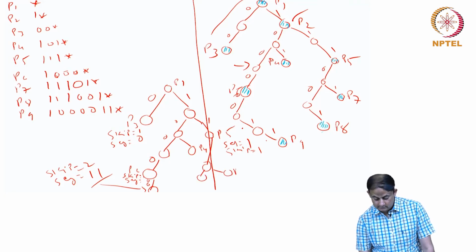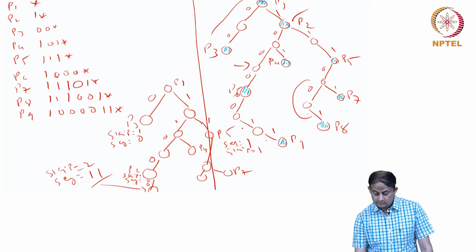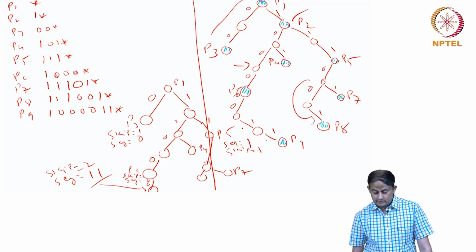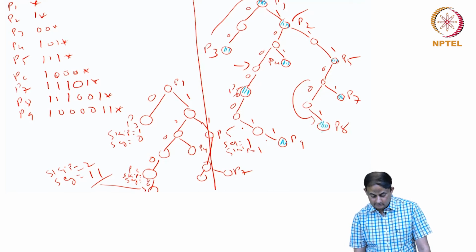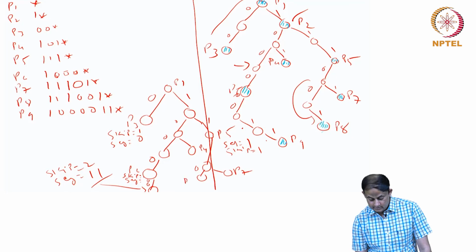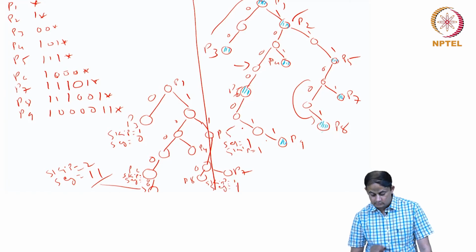This is going to be your P7, and this one has got one intermediate node which is having a single child, that can be removed. So you got a 0, and this will become your P8, and you remember what you skipped. Skip length is equal to 1, and the segment that is skipped is also 1.